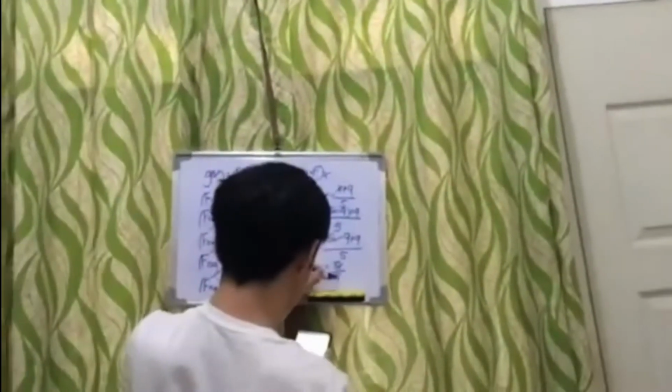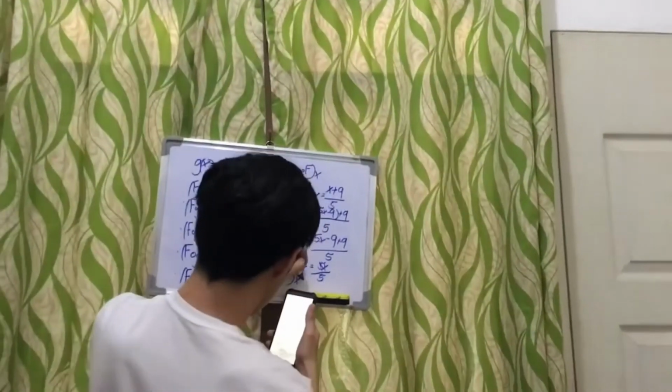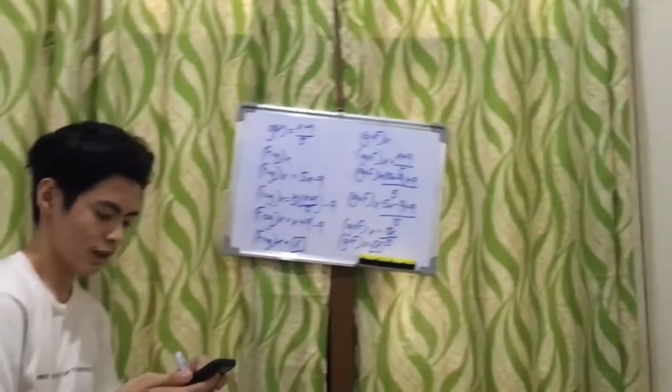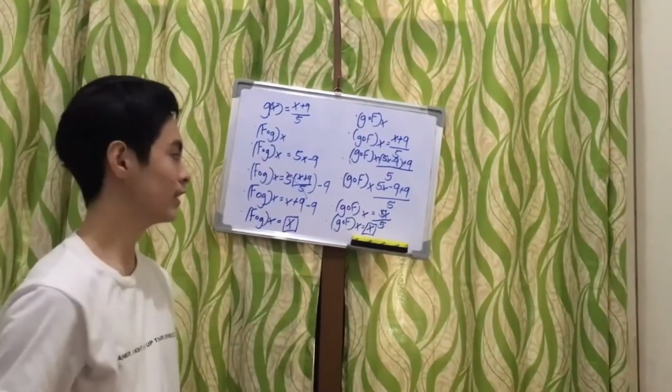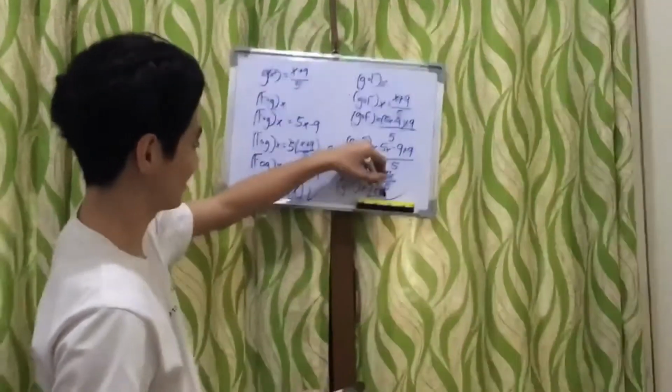Then cancel 5. g circle f of x equals x. If both have x, then your answer is correct. Correct? Correct.